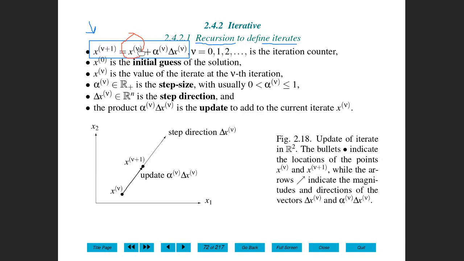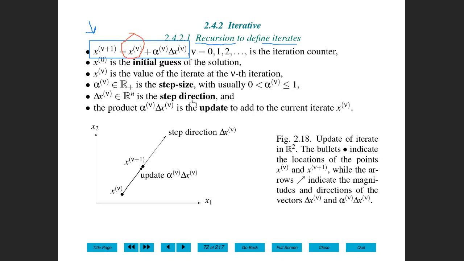The new value is dependent on the current value. Now here we have the step size, which is given by alpha. Alpha is the step size, and it is multiplied by the change, right? This delta x is the change.